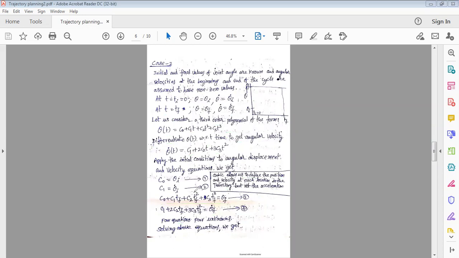So now, using these four equations, let us find the constant coefficients c naught, c1, c2, and c3.